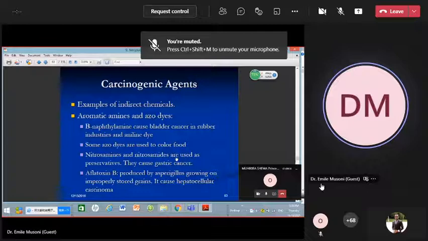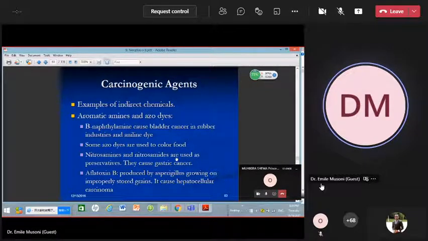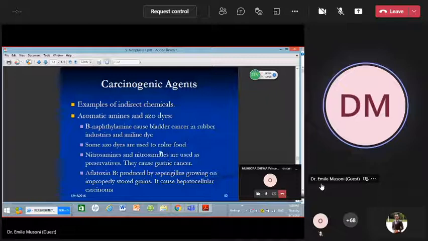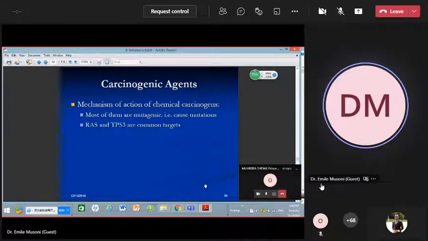Aflatoxin B, produced by Aspergillus growing in improperly stored grain. This one can cause hepatocellular carcinoma. For example, those who have the habit of eating nuts, like in Senegal, there are more cases of hepatocellular carcinoma.